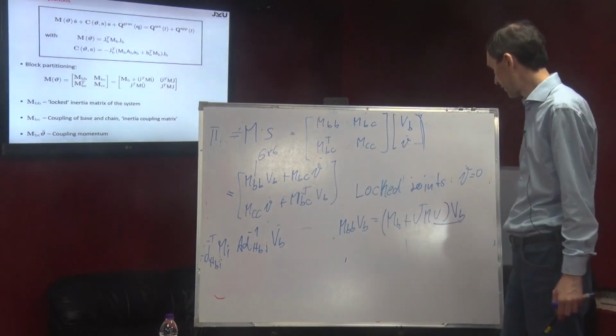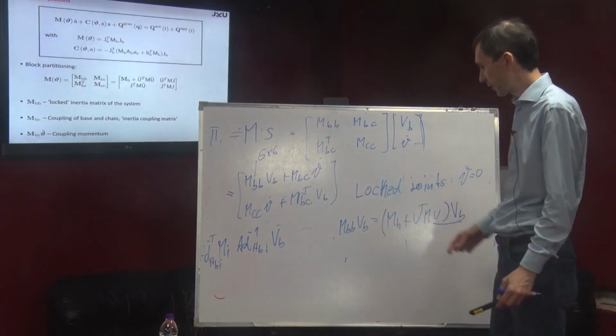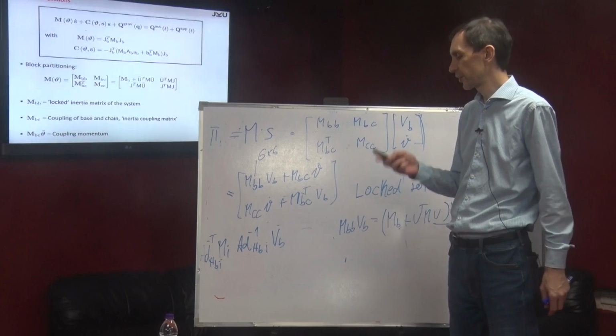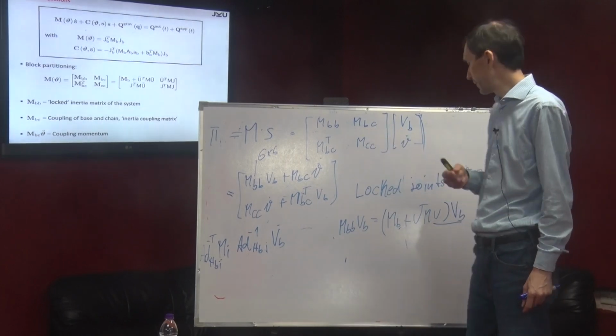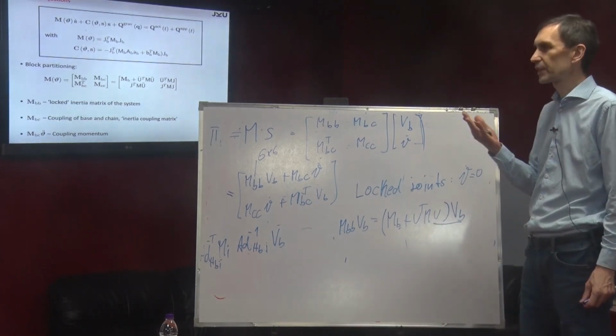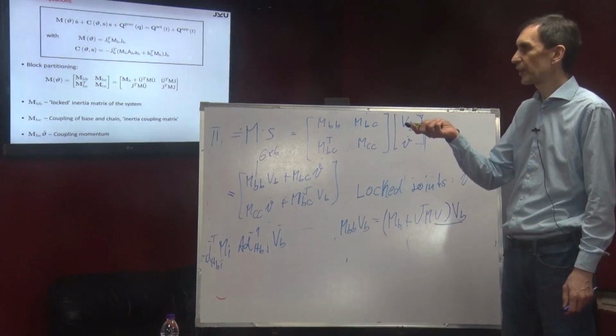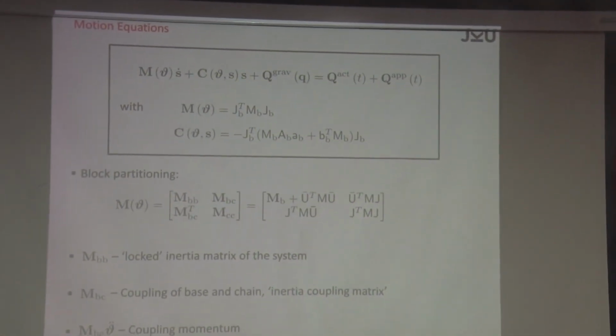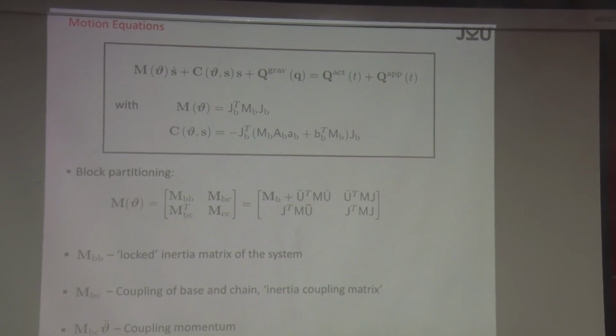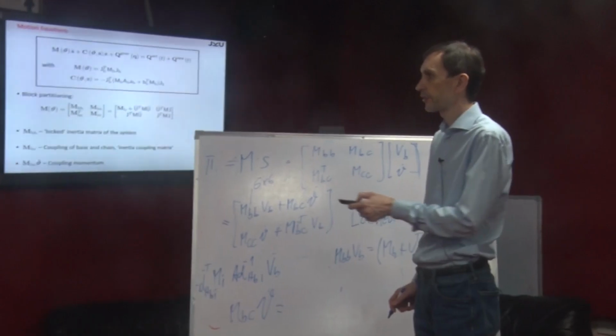And that's exactly this. So theta dot is multiplied with MVC, and MVC is this part here. We could try to understand it in the same way. Maybe we should write it out. So MVC theta dot, and MVC is that one.